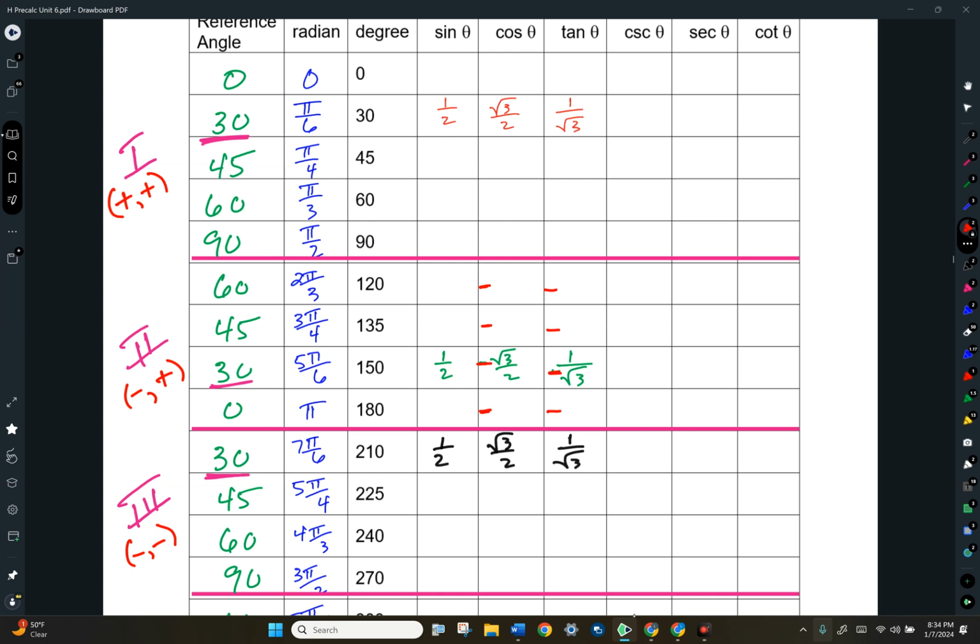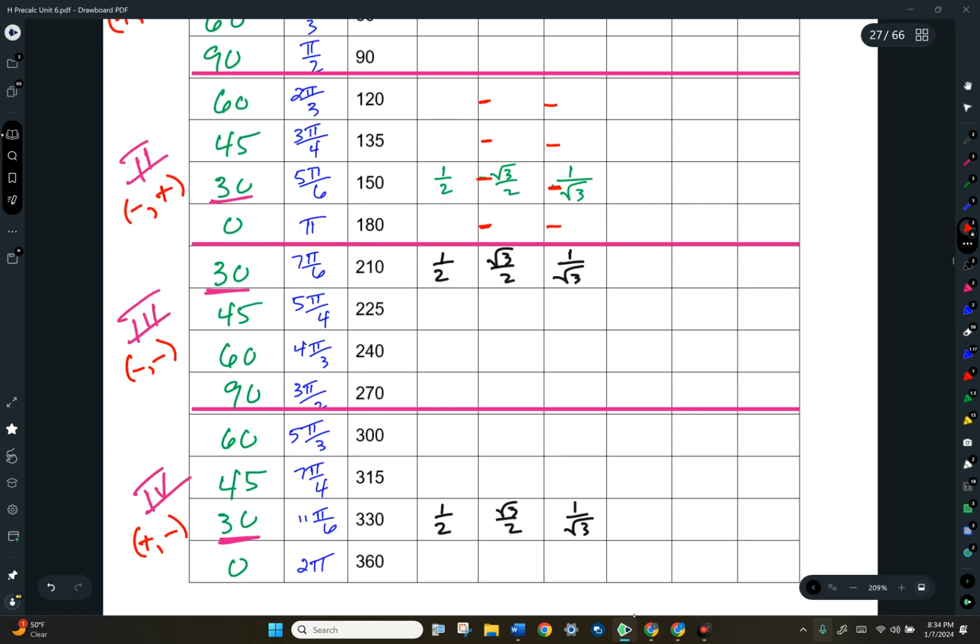Okay, what about in the third quadrant? Well, since y is negative, the sine is negative. Since x is negative, the cosine is negative. But since tangent is y over x, that would be negative over negative, which means the tangent is going to stay positive.